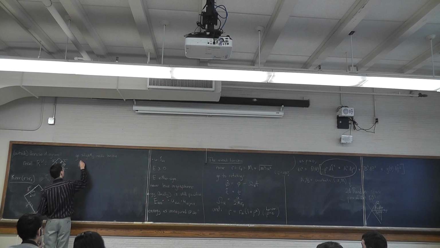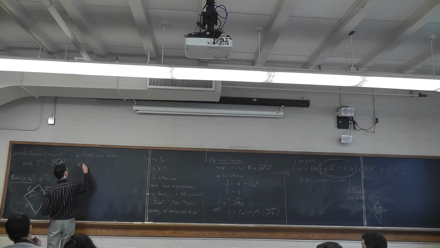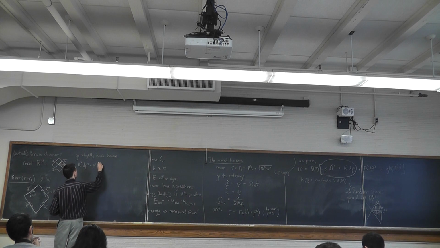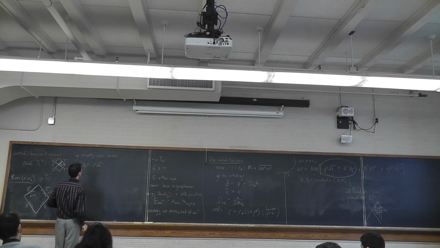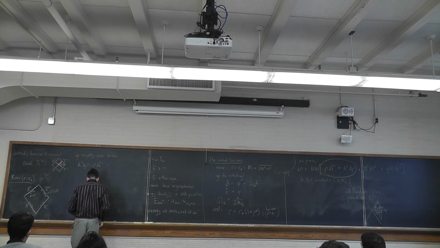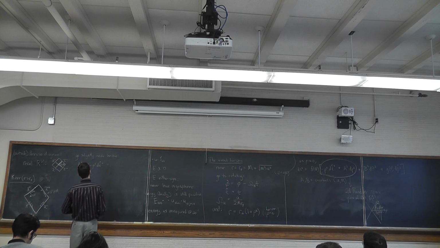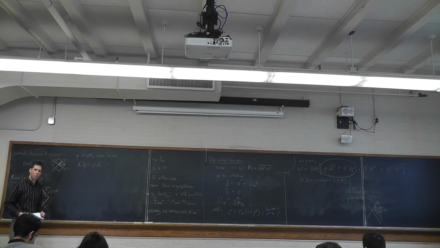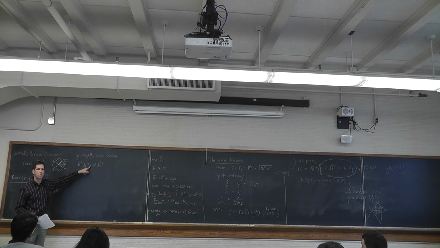So what does that look like? Well, we have a squared, rho squared, minus rho squared, dt hat squared. And the way to remember how the coordinate transformation works is to think of this as polar coordinates with an extra sign.